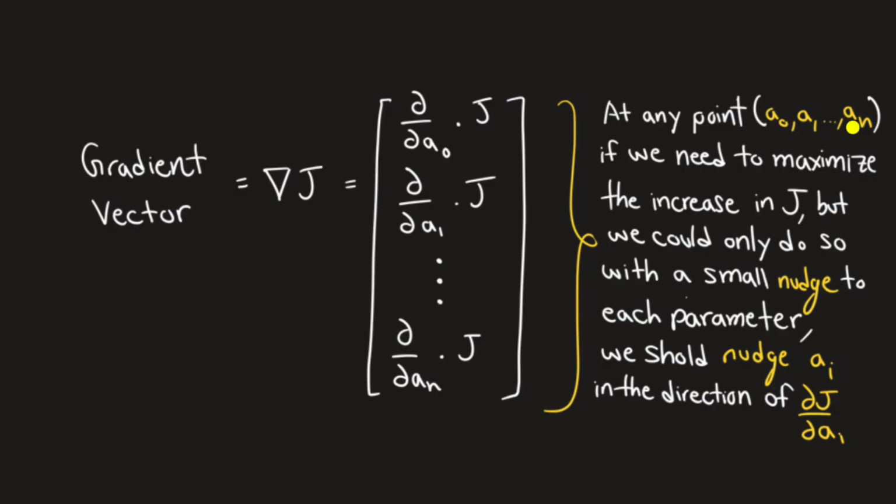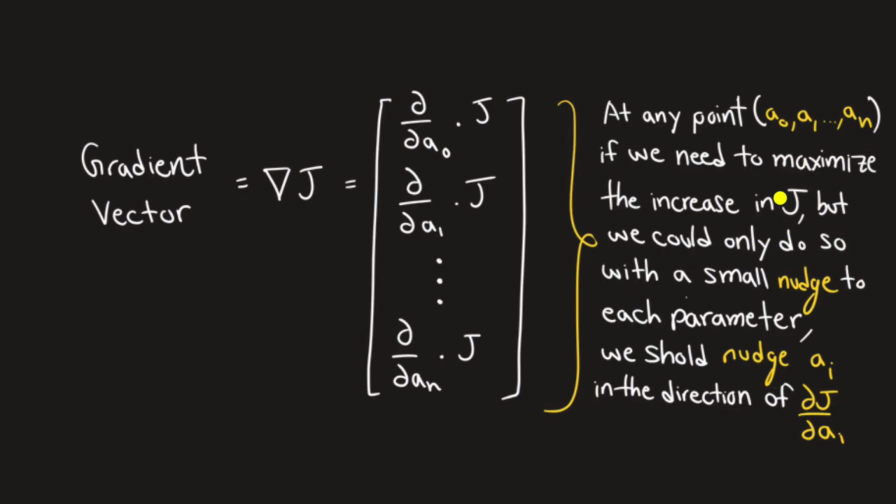In much simpler English, let's say that we have an n-dimensional space, or an n plus one dimensional space, where we initialize parameters a0 to an, and that's a single point. Now, what direction do we need to move in order to maximize the change in J?